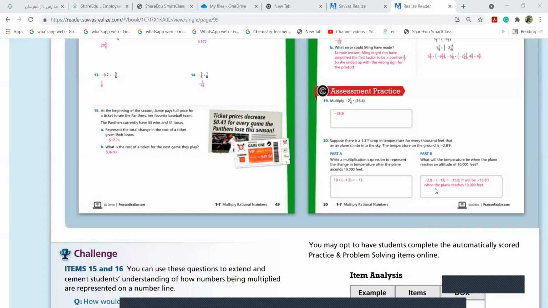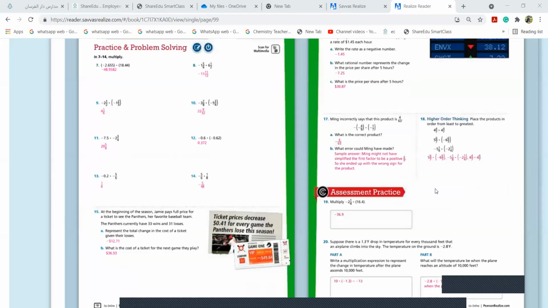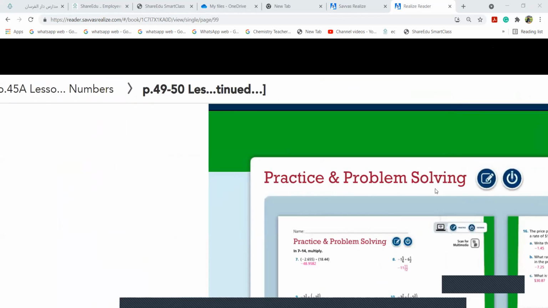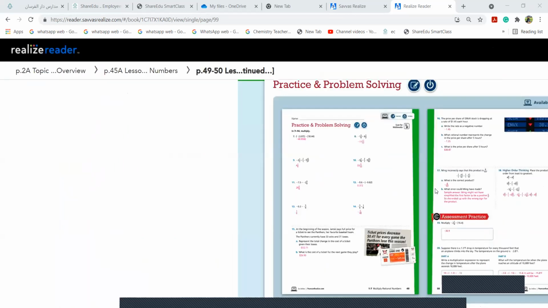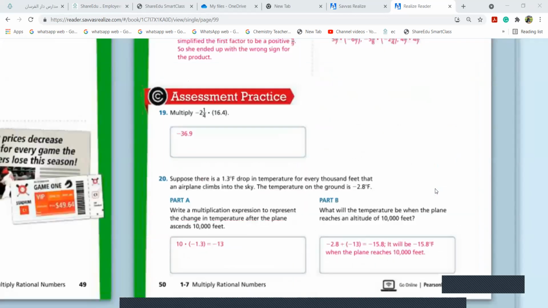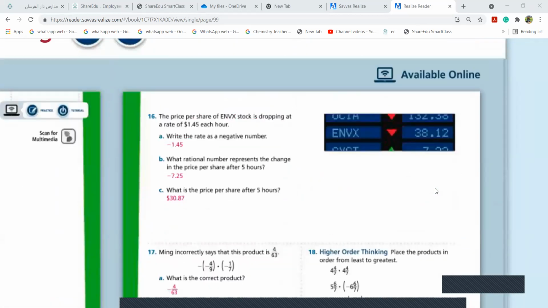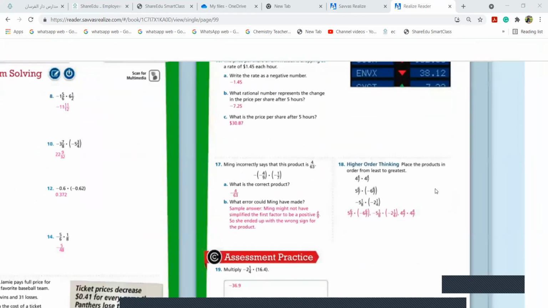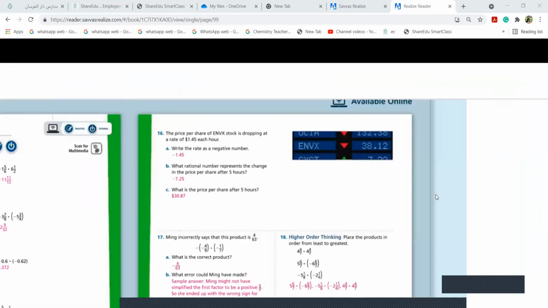So grade 7 girls, let us continue lesson 1.7, multiply rational numbers. Please turn to page number 50, page 50. Ghalia and Malak, please turn to page 50.